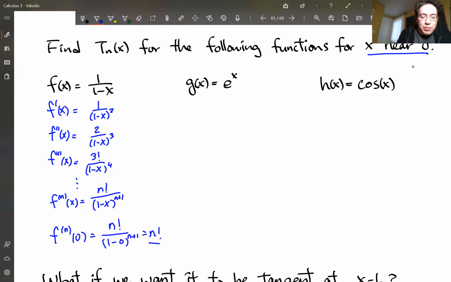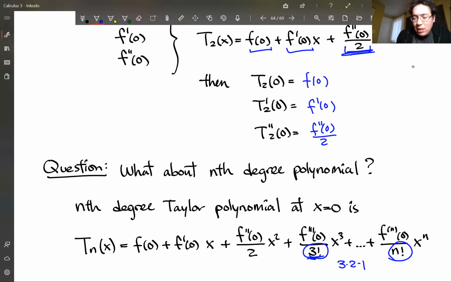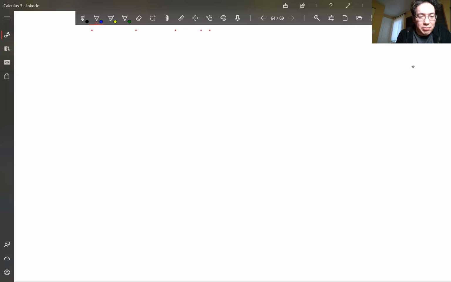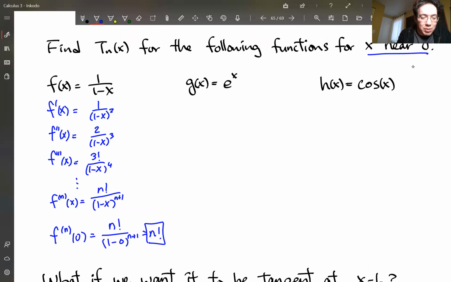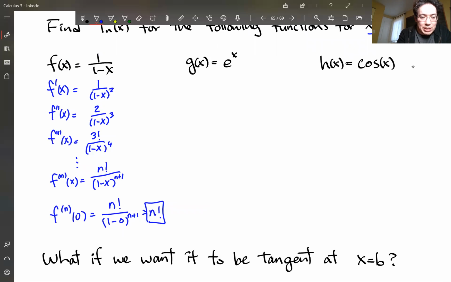So if this is the derivative, remember the formula involves looking at the derivative and then dividing by n factorial. So in this example, I have n factorial divided by n factorial. All of the coefficients are going to be equal to 1 because the factorial cancels out. Okay, so all of the coefficients are 1.